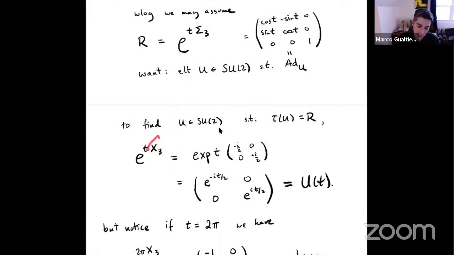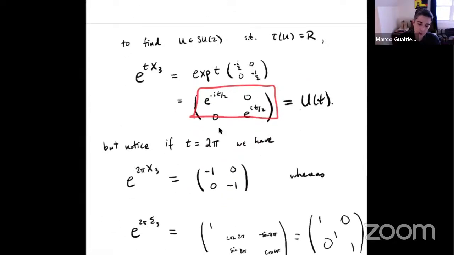Remember, x3 was -i/2 times the diagonal operator with entries 1 and -1. And we exponentiate this. So we get a diagonal operator with entries e^{-it/2} and e^{it/2}. So this is a unitary matrix that depends on time.